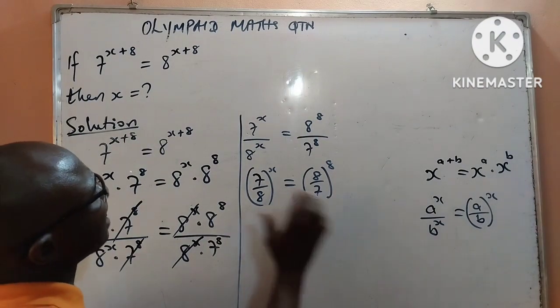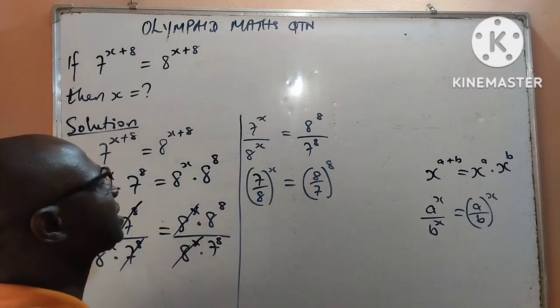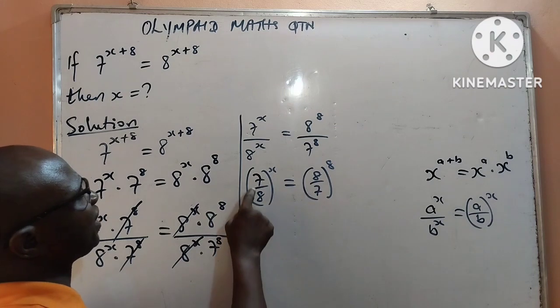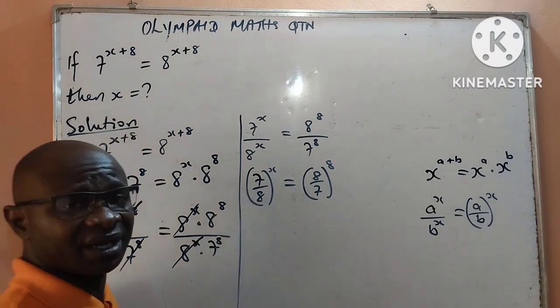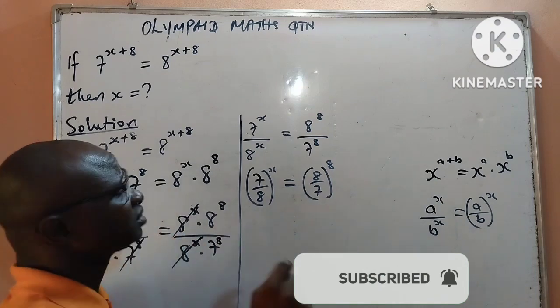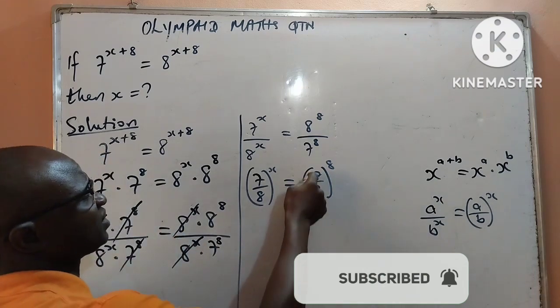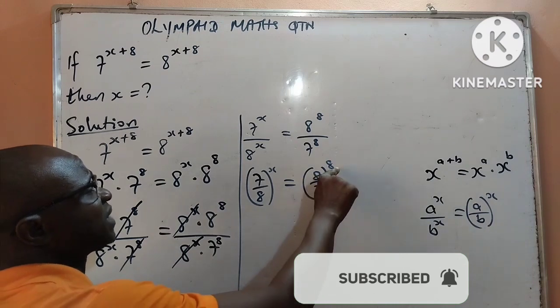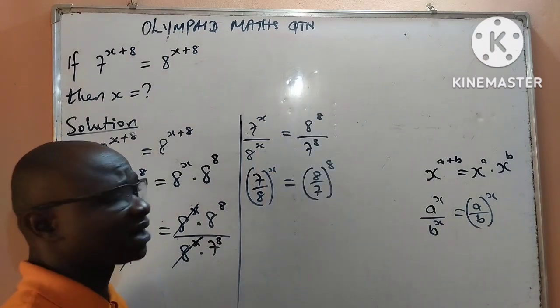Okay, now looking at this, what I have next to do is, since I have here 7 all over 8 and here I have 8 all over 7, if I flip this, if I find the inverse of this, it will attract a negative sign to the power.